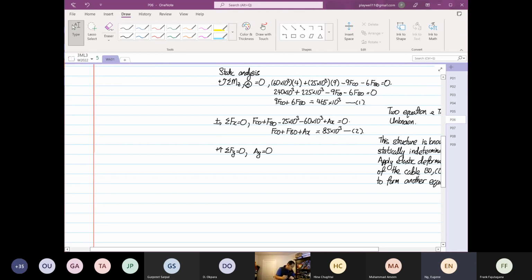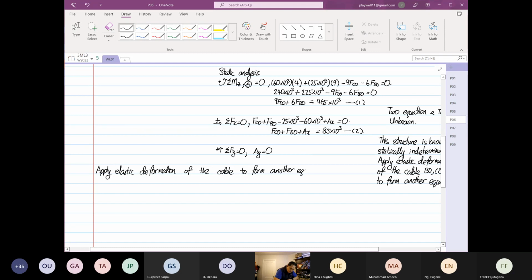It's simple. We're going to apply elastic deformation of the cable to find, or to form, another equation.